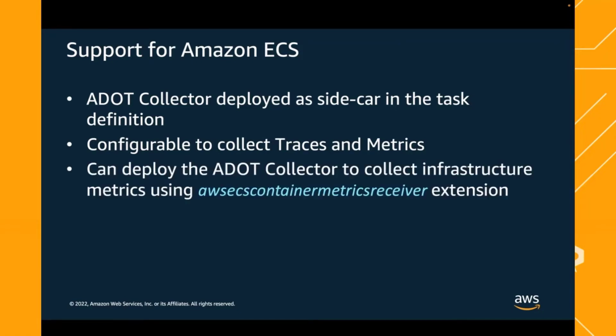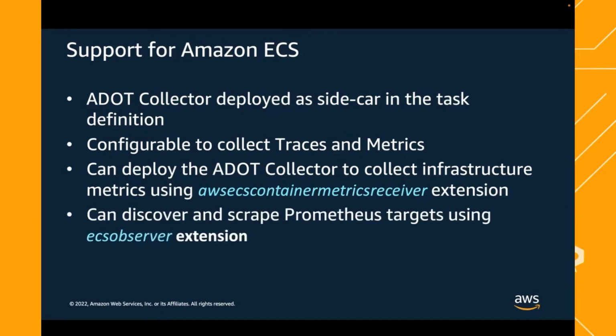You can also deploy the ADOT Collector to collect infrastructure metrics using the AWS ECS Container Metrics Receiver extension. It is an extension that is available in the ADOT Collector that would allow you to automatically collect infrastructure metrics from your ECS clusters. You can also discover and scrape Prometheus targets using the ECS Observer extension.